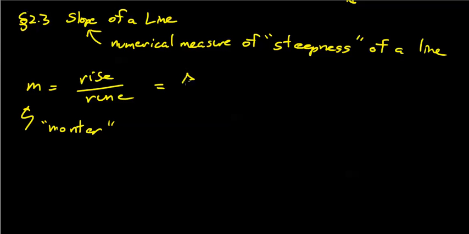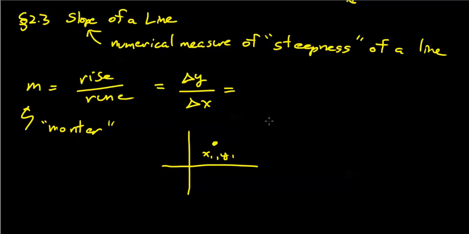What do I mean by rise? Some books indicate it as delta y over delta x, meaning change in y over change in x. A more formal algebraic definition: if you've got 2 different points, x1, y1 and x2, y2, my change in y will be simply the difference in the y coordinates over the corresponding difference in the x coordinates.